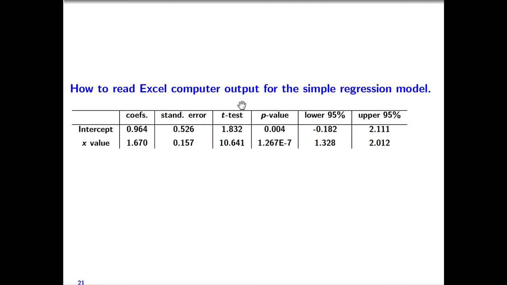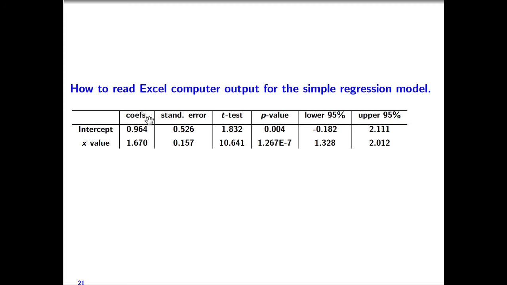The last topic is how to read Excel computer output for the simple regression model. Given a set of data, we can enter the data into Excel and obtain this simple linear regression model. So we have this Excel output, and now we need to know how to read it.